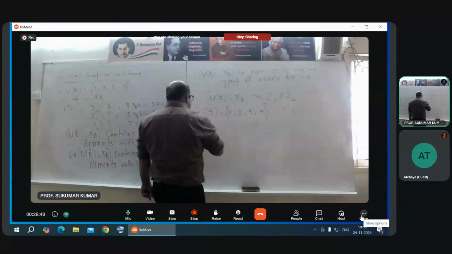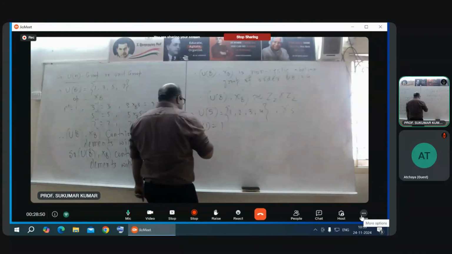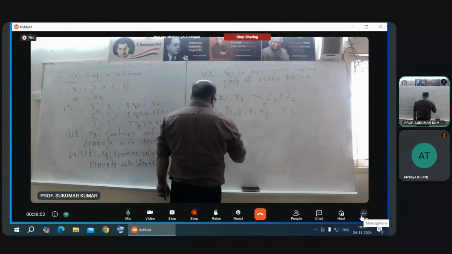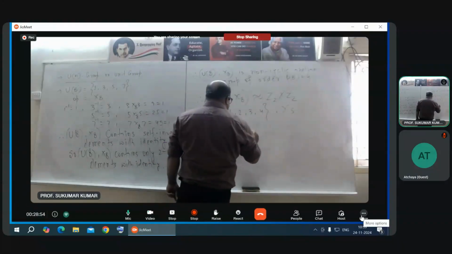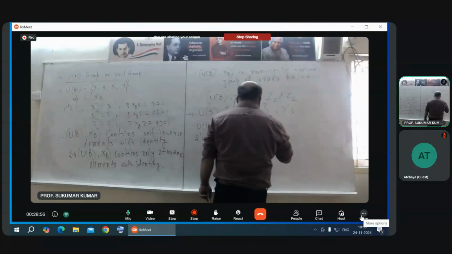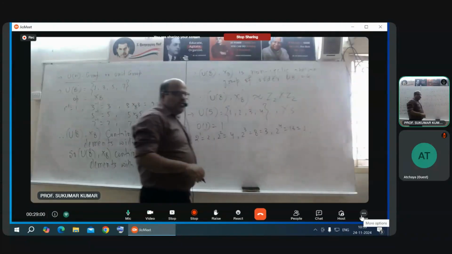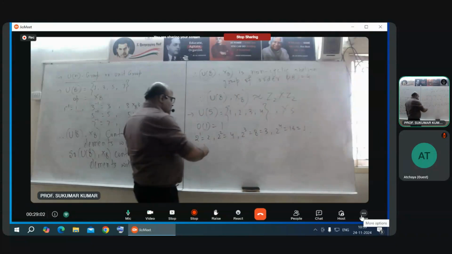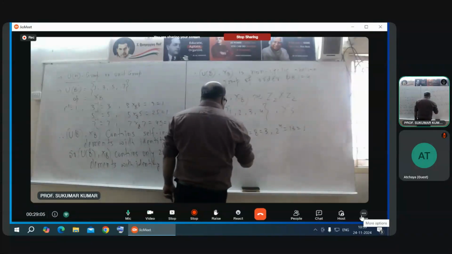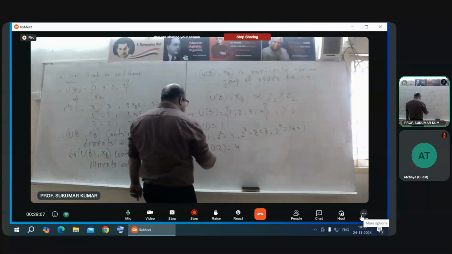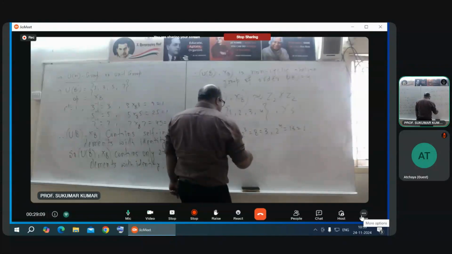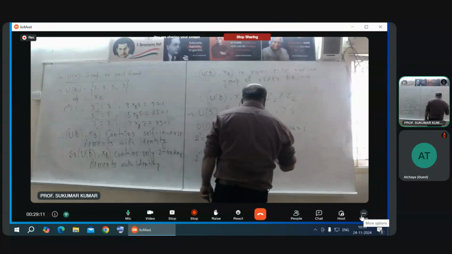Order of 1 will be 1. 2 power 1 is 2, 2 power 2 is 4, 2 power 3 is 8, which means 3, 2 power 4 is 16, which is 1. So only 2 is coming as a generator. Order of 2 is 4. And 2 inverse, I think 3 will come, because 2 into 3 is 6, modulo 5 is 1.